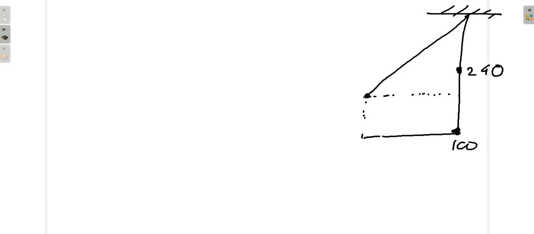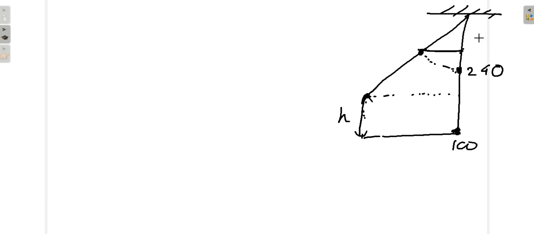Suppose this is the height h through which the 100-gram mass rises. This is the height through which the mass 240 gram rises.